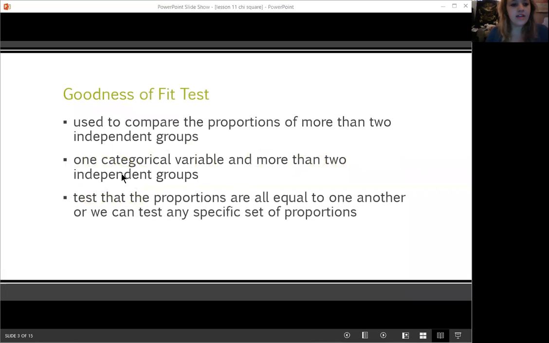This last bullet says we can test that the proportions are all equal to one another, or we can test any specific set. If you have a bunch of proportions, you can just test a specific set of them, but if not, you can test all of them if that's logical.